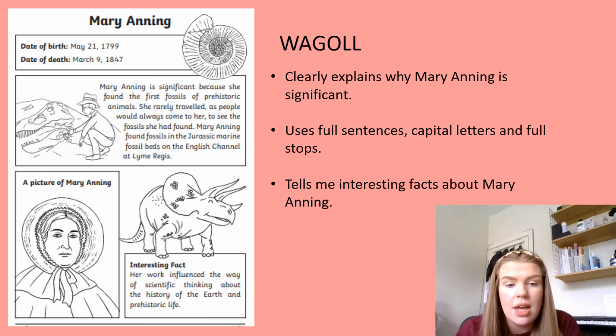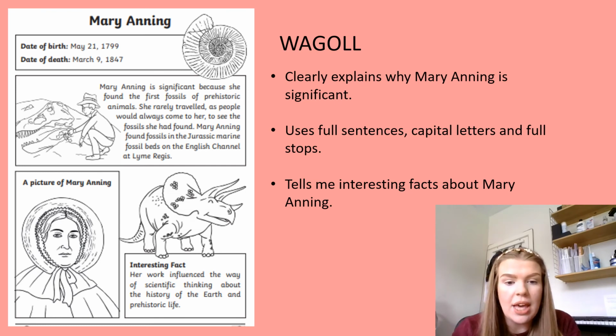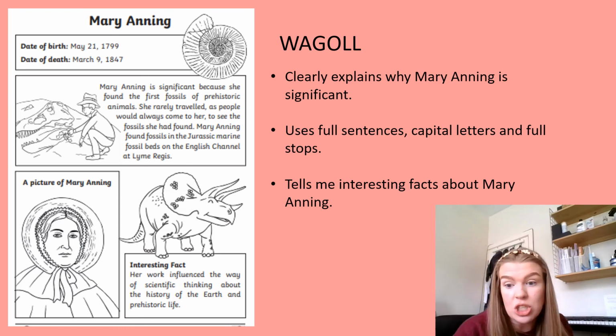was significant. At the bottom then you'll notice that I've got an interesting facts section. In that part I put her work influenced the way of scientific thinking about the history of the earth and prehistoric life. To improve this then I could add another fact into there, and I could maybe write about when she was a baby she was struck by lightning, but she survived.